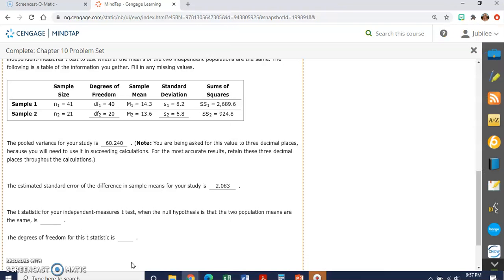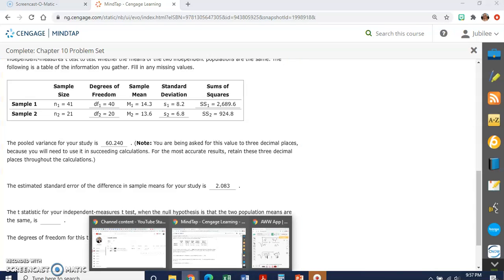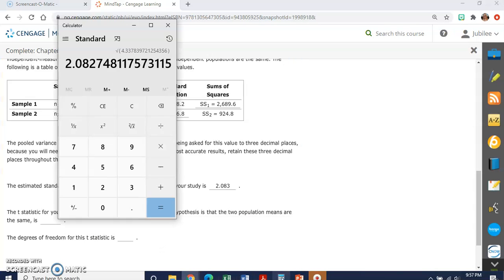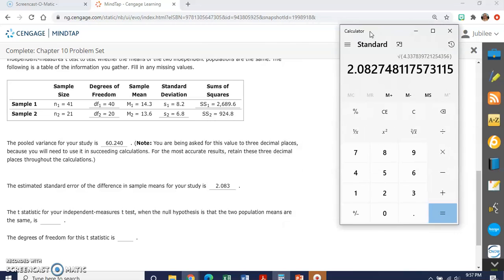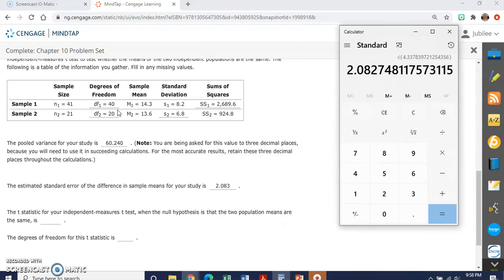Okay, so now I have to calculate the t-test, which is my mean difference. So it's M1 minus M2 divided by my standard error. So I'm going to do 14.3 minus 13.6 and divide the answer by the standard error that I calculated a second ago.